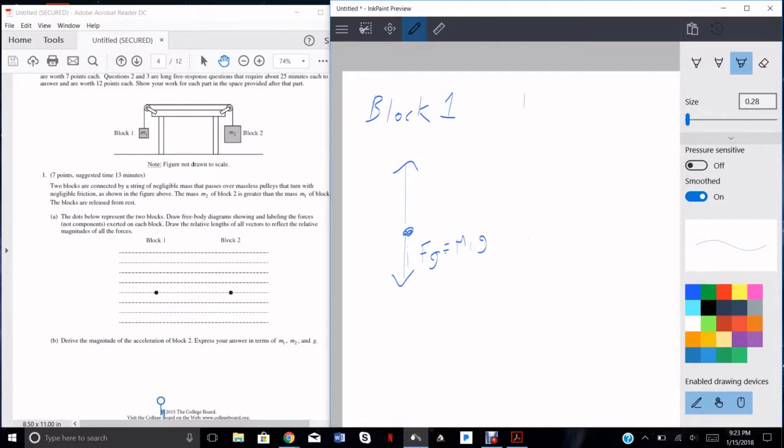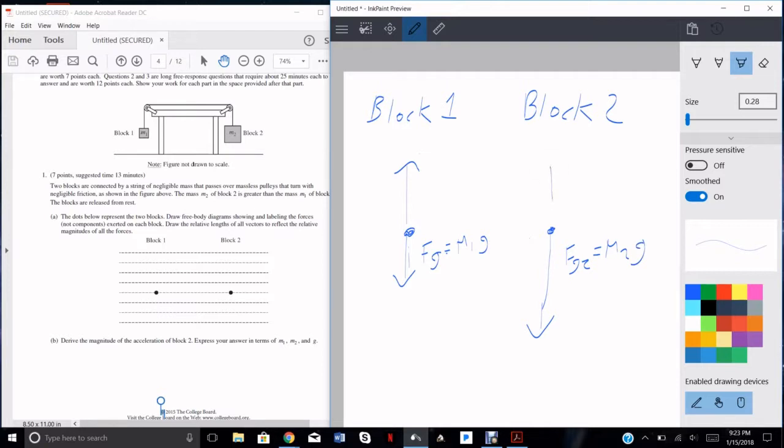For block 2, the free body diagram is a little bit different. We know that for block 2, the force due to gravity is greater than on block 1. So we can find that Fg2 is equal to m2 times g.